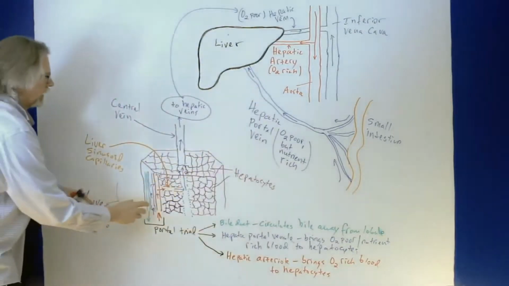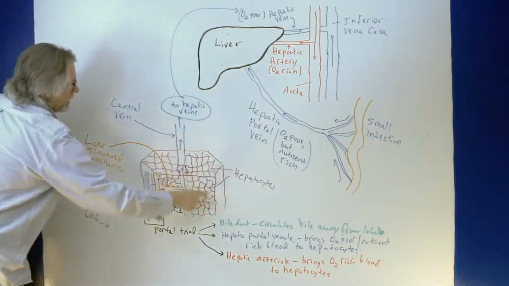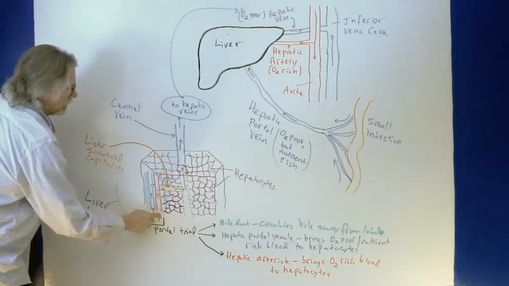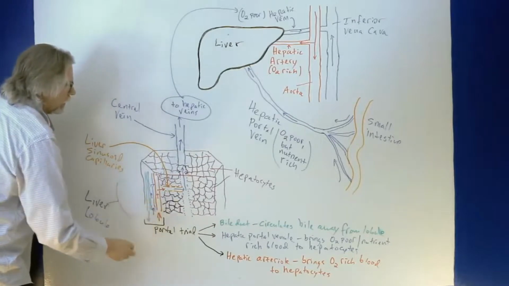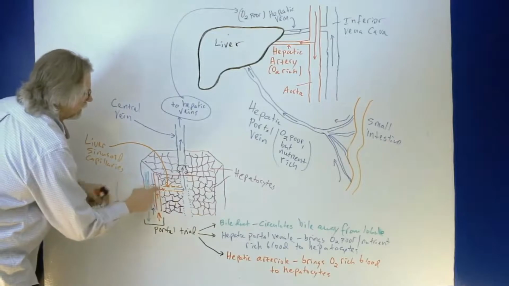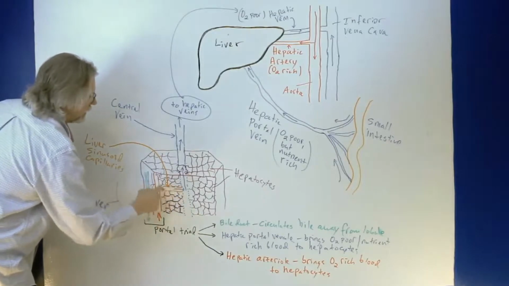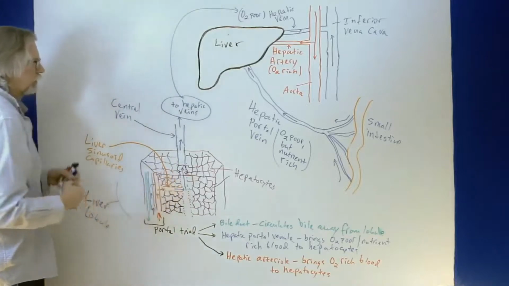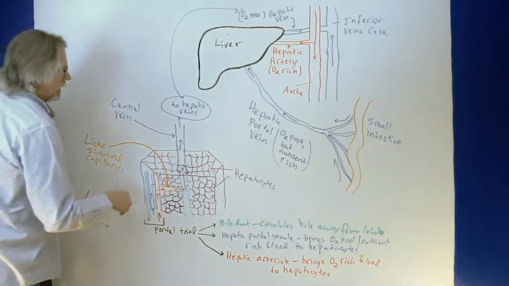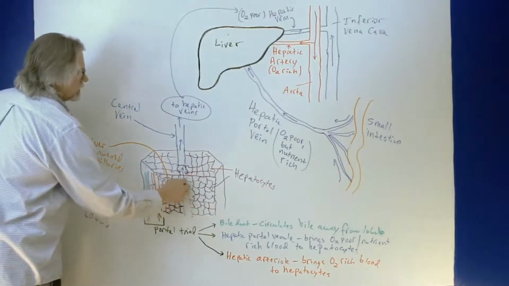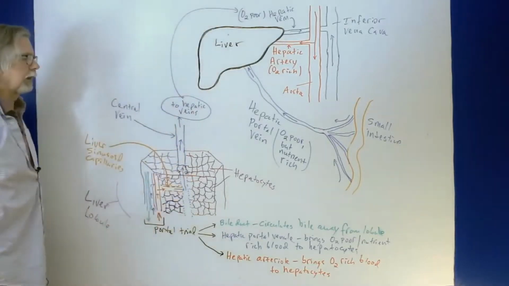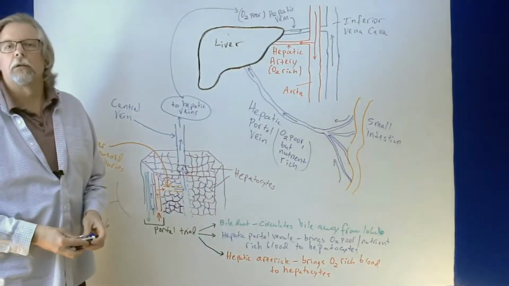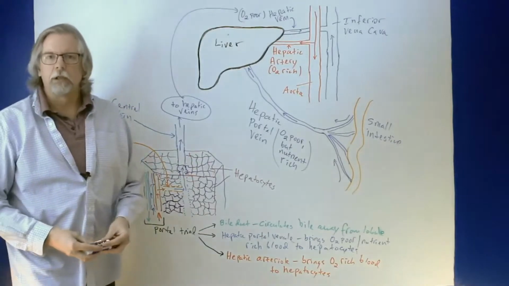Those are going to branch into, at all 6 of the corners of the liver lobule, a hepatic portal venule and hepatic arteriole, and that blood is going to filter through the hepatocytes in the liver lobules' very leaky capillaries, allowing the hepatocytes to process both types of blood. After processing, the blood is going to collect in the central vein and then circulate away from the liver. So this is the intricate circulation present in the liver.